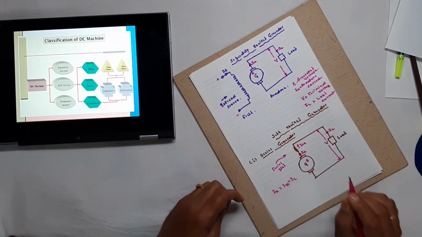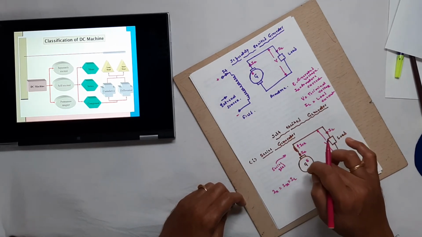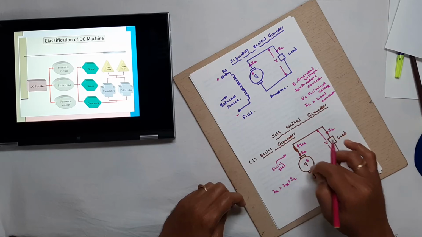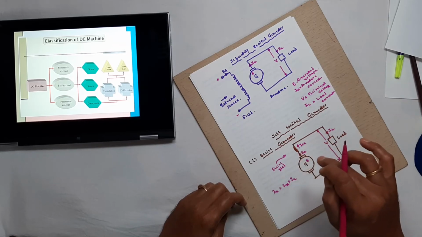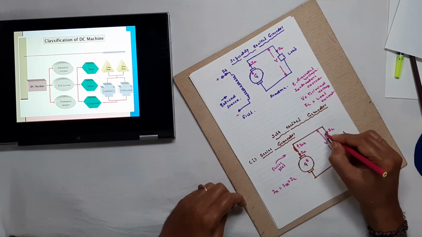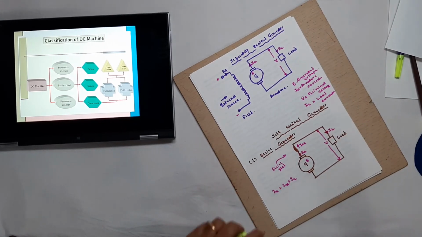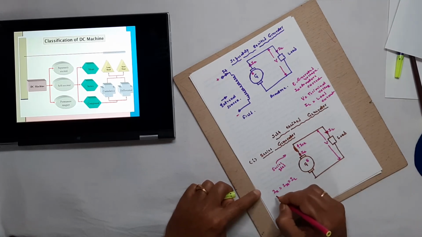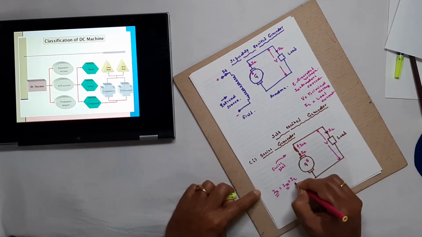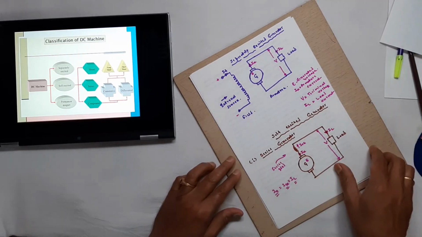In the case of a DC series generator, the field is connected in series with the armature, so the current in the field, the current delivered by the armature, and the current flowing through the load are all the same. Here, IA is equal to I series is equal to IL. This is what we call a series generator.